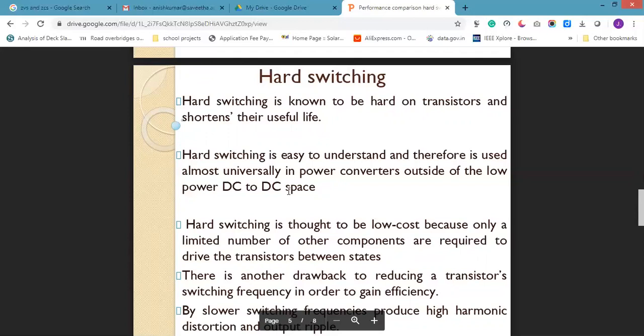We have studied various types of converters: DC to DC converters, AC to AC converters, AC to DC, DC to AC. Hard switching is easy to understand and therefore it is used almost universally in power converters outside of the low power DC to DC space.